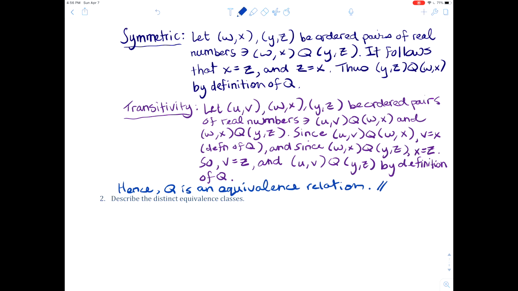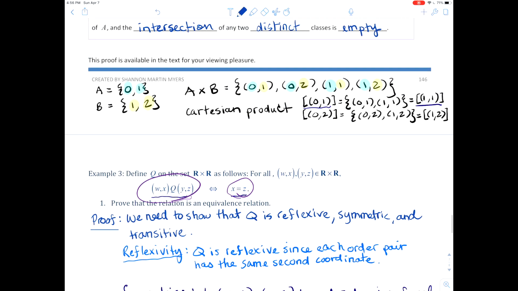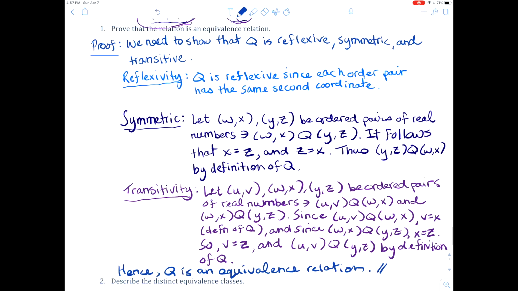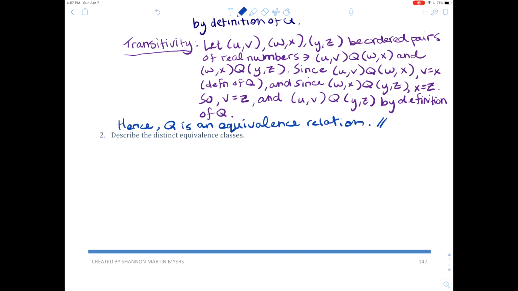So now we need to describe the distinct equivalence classes. As we saw again in our little scratch work to get a feel for this proof, didn't we see that basically we just have one distinct equivalence class for each real number serving as the second coordinate, right? So I'll write that in.